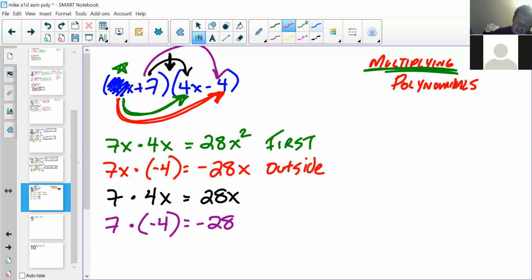Then we moved on to the second term in the first binomial, and we did 7 times 4x, and those two terms would be the inside terms of the whole picture. And then finally, we have the 7 times the negative 4. Those two terms would be the last terms in both sets of parentheses.